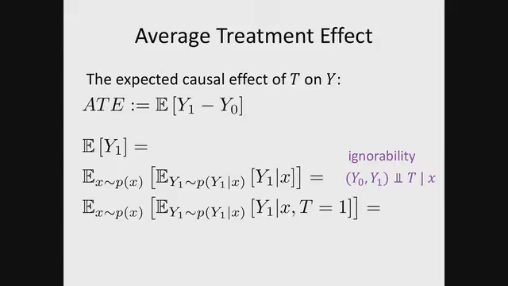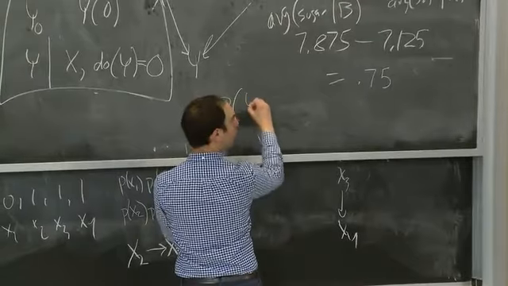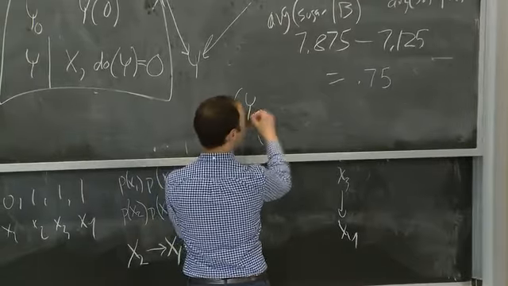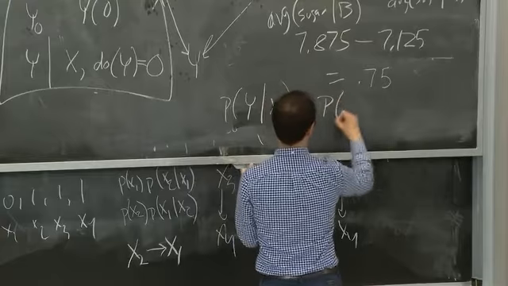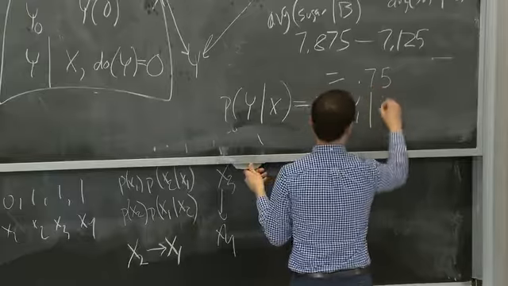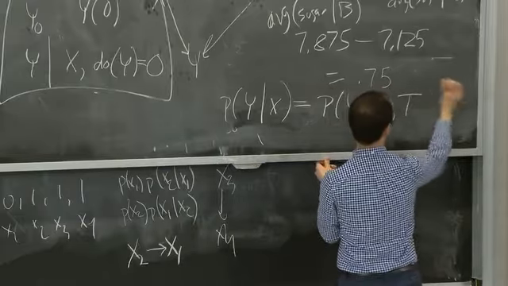Remember, we said that we're assuming that Y1 is conditionally independent of the treatment T given x. What that means is the probability of Y1 given x is equal to the probability of Y1 given x comma T equals whatever.